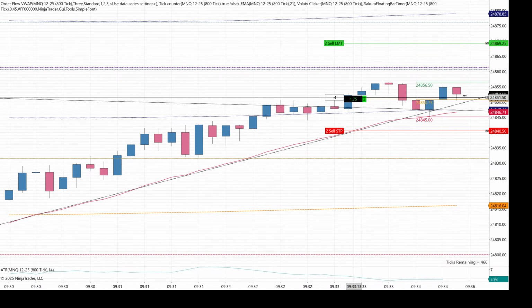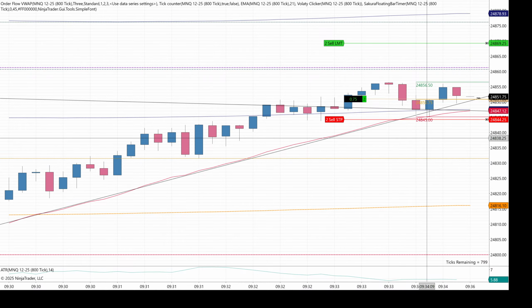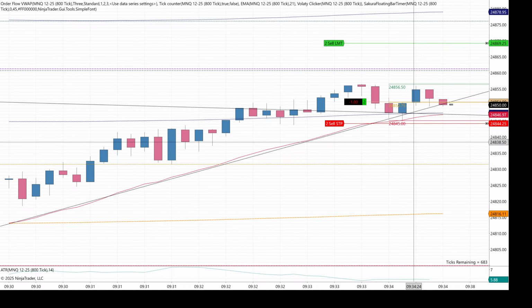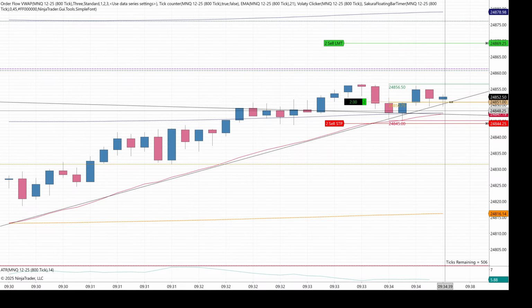Runner's taken out. I need to get out of this trade. Technically, we haven't hit the target yet, so I'm just going to leave the stop loss where it's at.